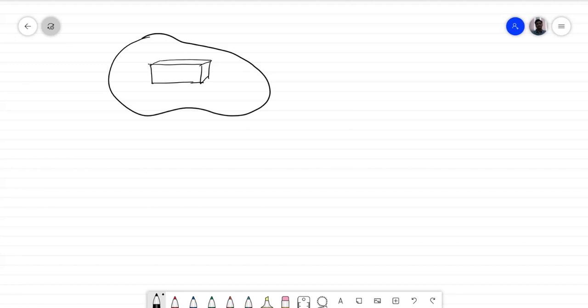Now let's split this element along a plane which looks like that. And let me draw the two parts here.